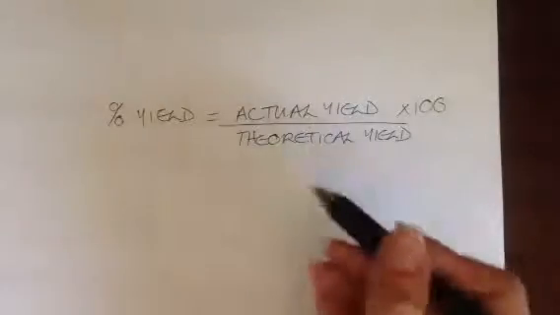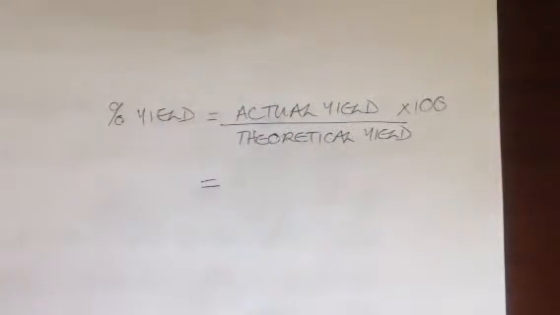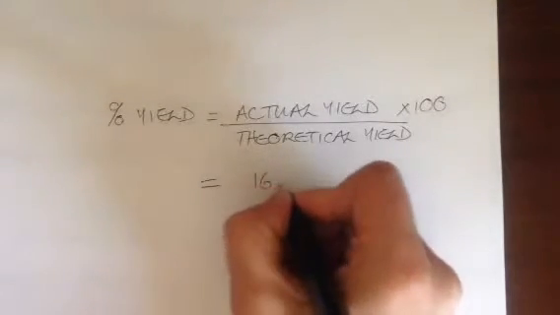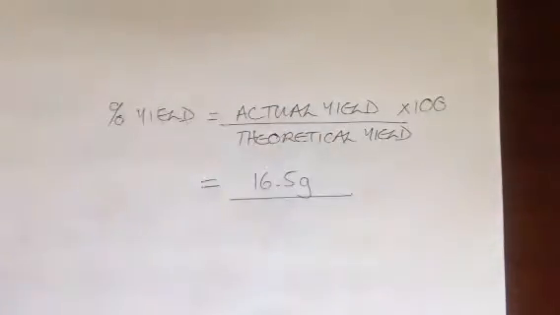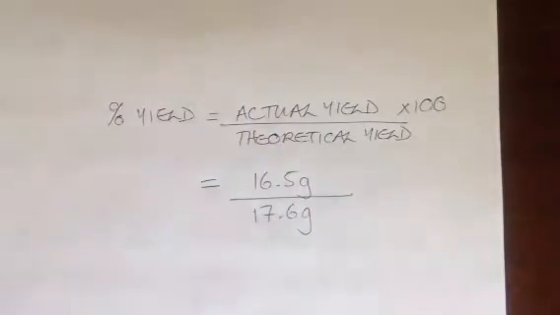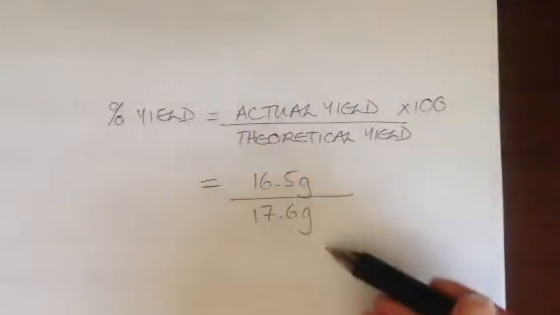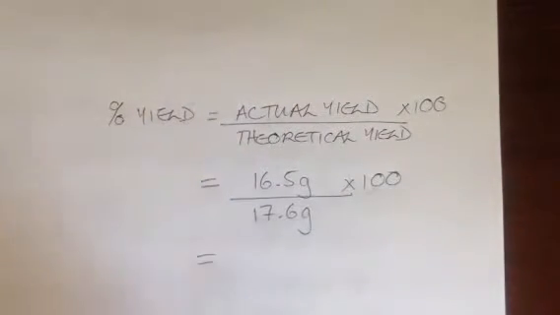Percentages are always parts divided by whole multiplied by 100. So your actual yield can't be calculated, you're going to measure it. So let's say we make 16.5 grams of ammonia. Our theoretical yield was 17.6 grams. Okay, so parts divided by whole multiplied by 100 will give us our percent yield.